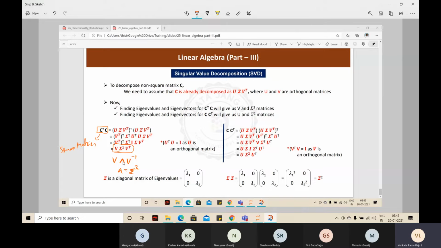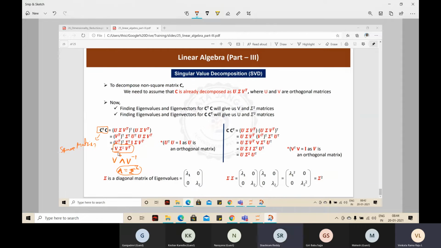Lambda is equal to sigma square. If I represent lambda as sigma square, does it look like that? V transpose is equal to V inverse because that is an orthogonal matrix. That is for sure.